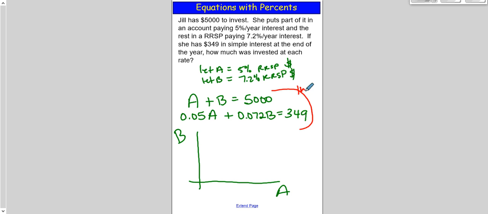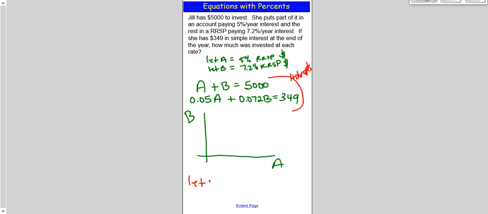Okay, so remember we talked about using our X and Y intercepts to graph. This is definitely where I would want to use our intercepts. So taking a look at our first equation, if I let A equal 0, then I get 0 plus B equals 5,000, which means B just equals 5,000.